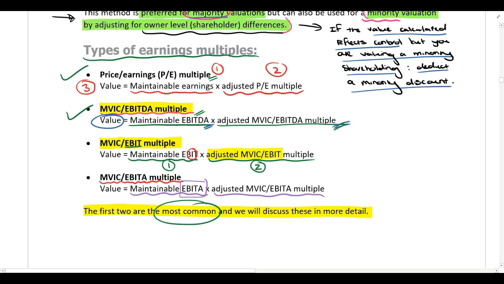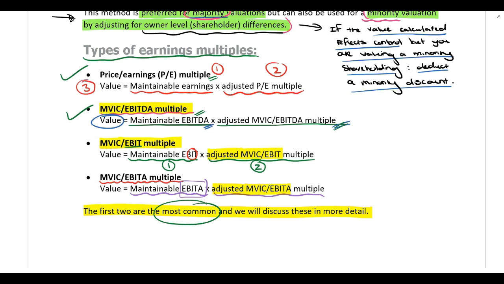And either you'll be given the multiple of a similar listed company, or you need to perform the calculation by taking the market value of invested capital and dividing by earnings before interest, tax, and amortization. Then once you have that multiple, you go and adjust for your entity level differences. Once again, this is before interest, so don't adjust for differences in gearing or the level of borrowing.